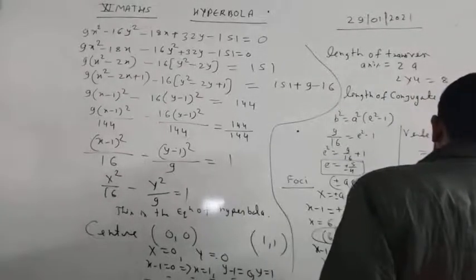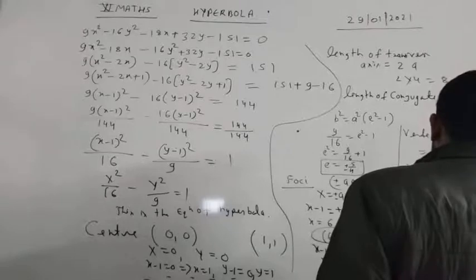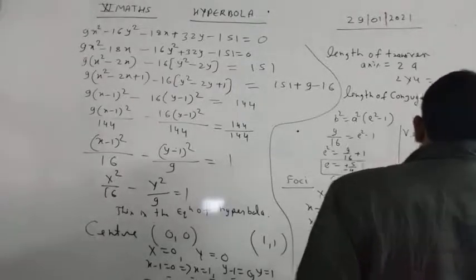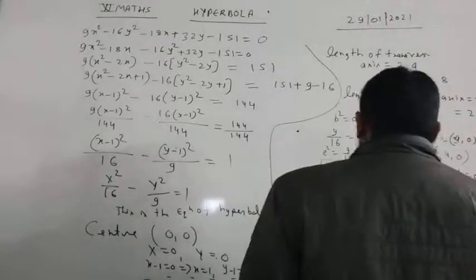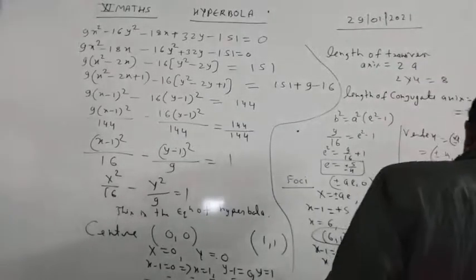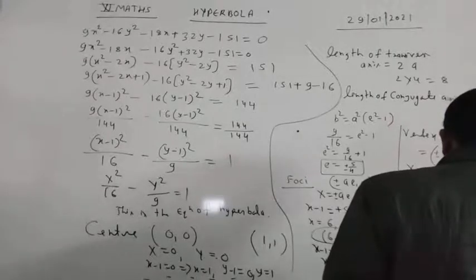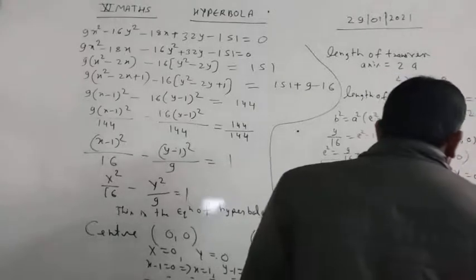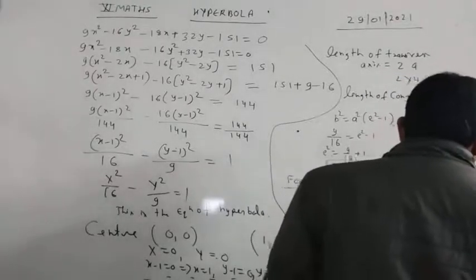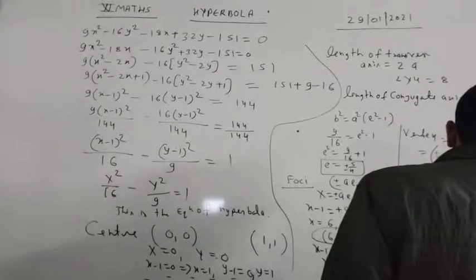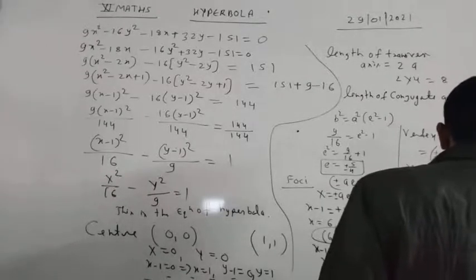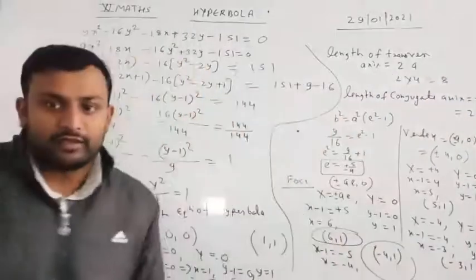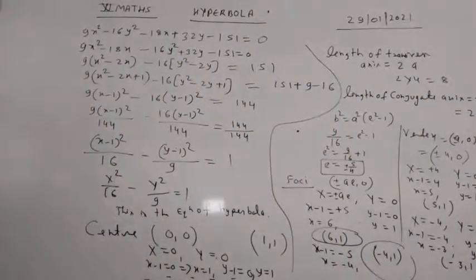When we take the negative sign, X is minus 4 and Y is 0, so x minus 1 is equal to minus 4, and x is equal to minus 3 and y minus 1 is 0, so y is equal to 1. So the vertices are (5, 1) and (minus 3, 1).